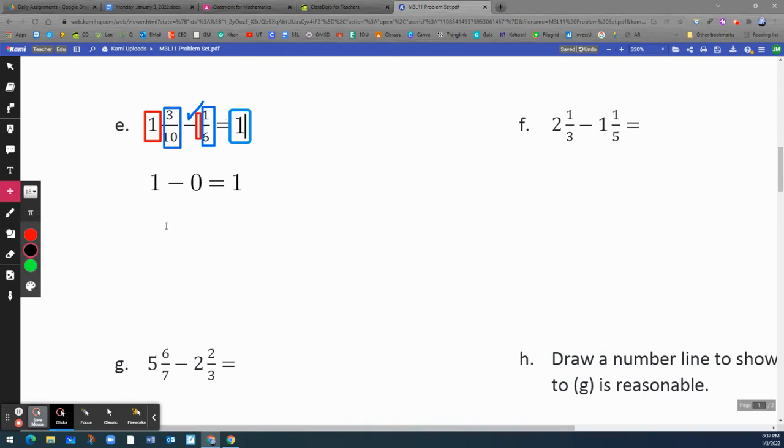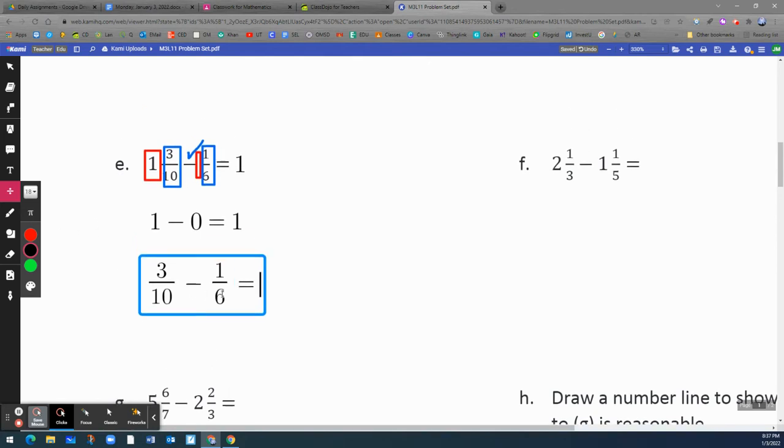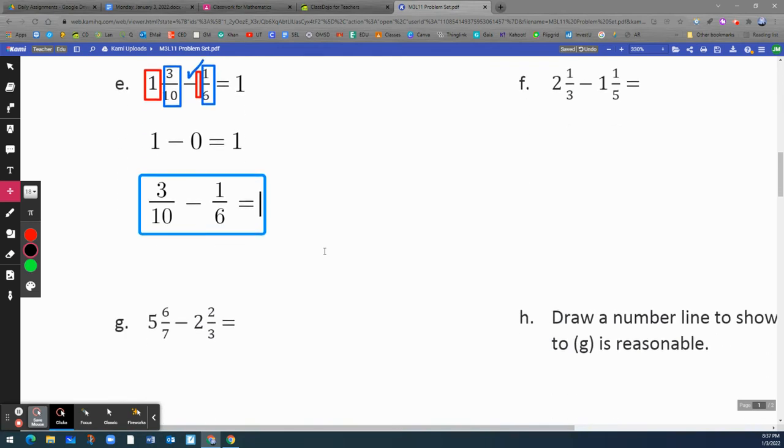So let's do that. We need to now subtract. We have 3/10, and from 3/10 we're going to subtract 1/6. Now, as you can see, these have unlike denominators. That means the denominators are not the same. So what are we going to do?